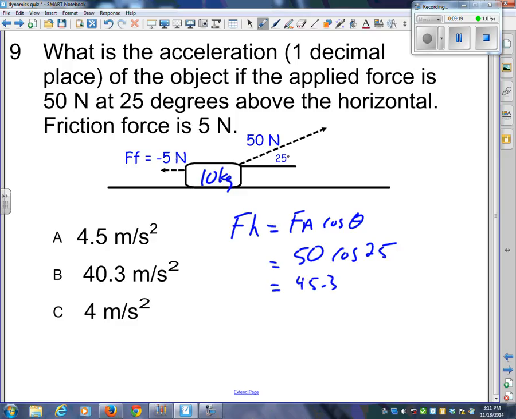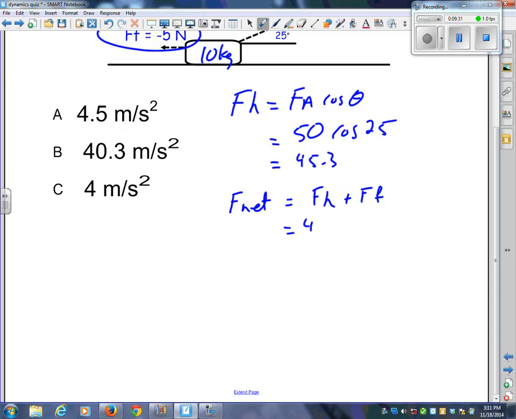But now you have to do what? In this case, it's the horizontal component plus friction, or the horizontal sum. 45.3, then minus 5. 40.3. But that is the net force.